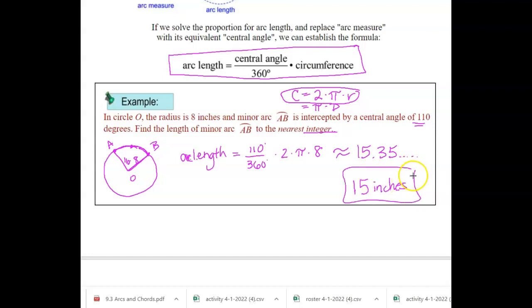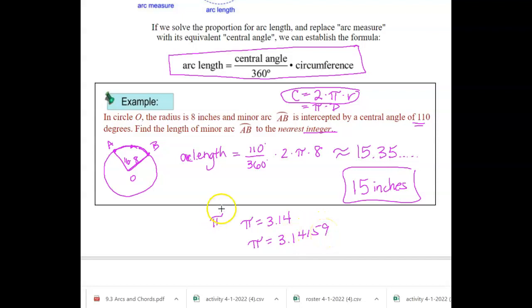Now, on my quiz, I usually want you to go to 1 decimal place. If it's multiple choice, I'm going to give you these answers, but on a quiz, I do know some of you are using the pi button for pi. Some of you are using 3.14. Some of you might get a better answer if you use 3.14159.